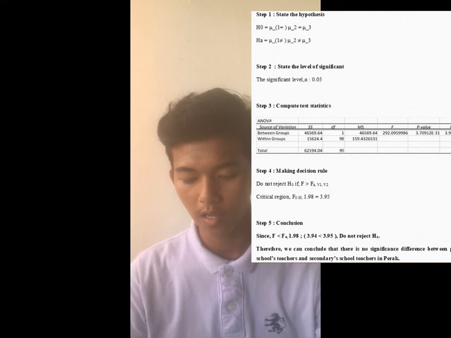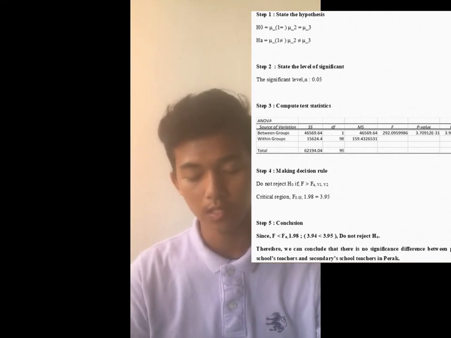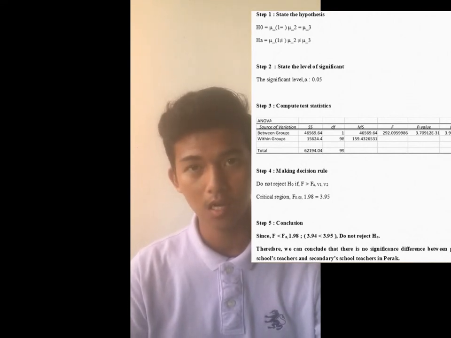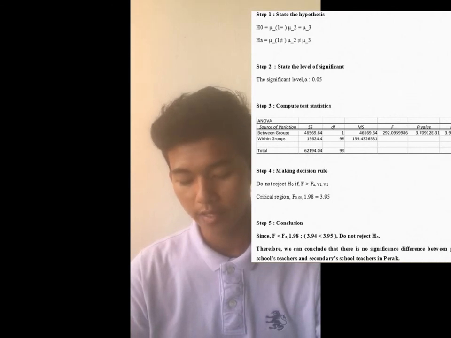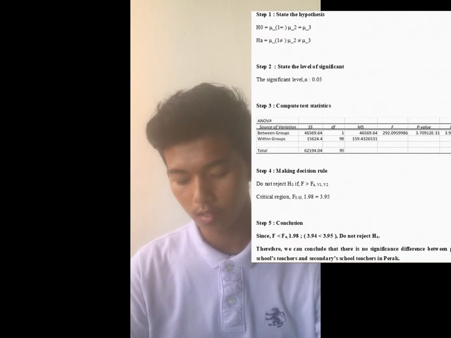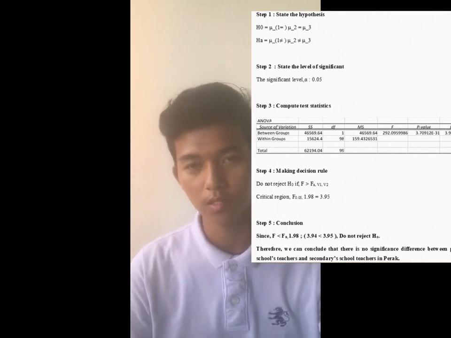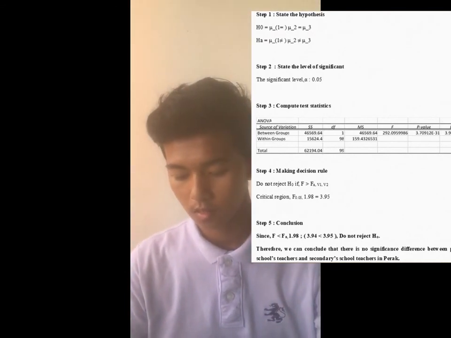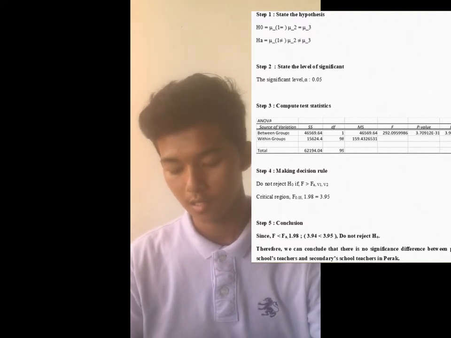The ANOVA has 5 steps. Step 1 is to state the hypothesis. H0: mu 1 equals mu 2 equals mu 3.